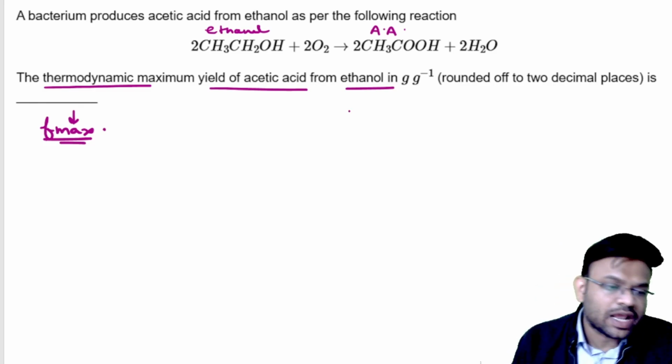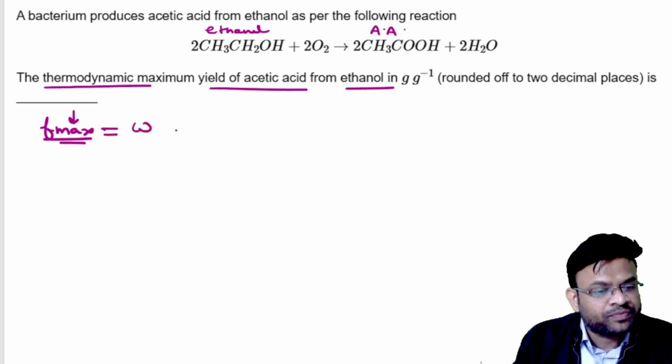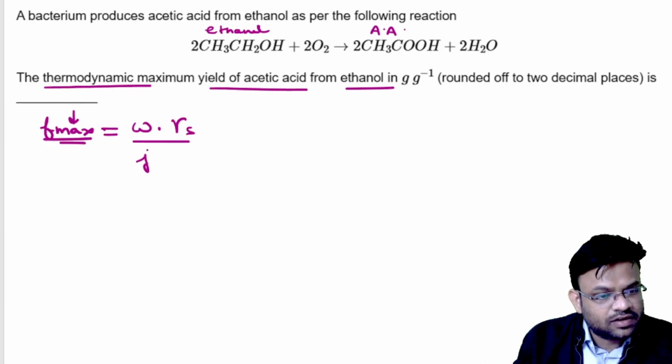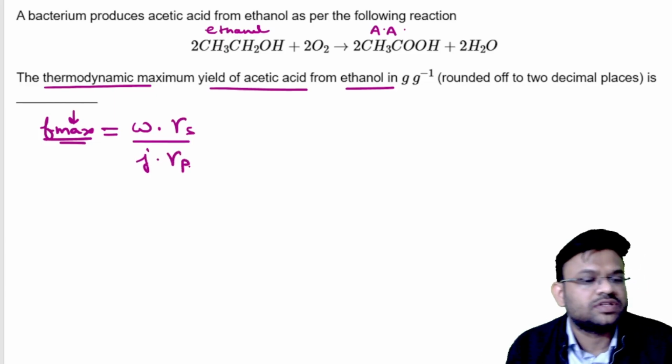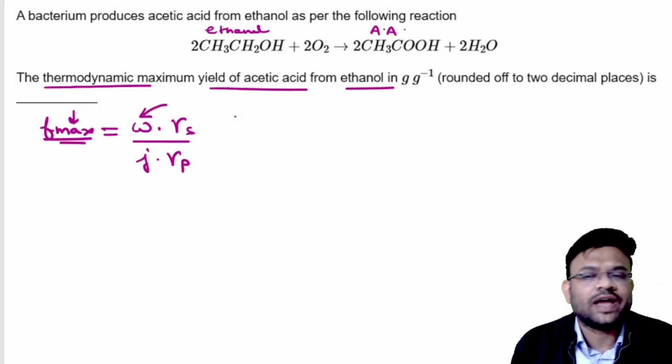Now, in order to calculate the F max, what is the formula? The formula for calculating F max is equal to W into gamma S upon J into gamma P. What do you mean by this omega value, or W value?